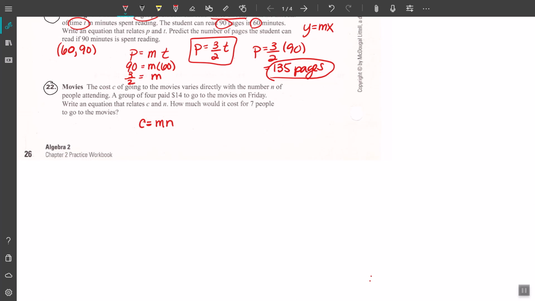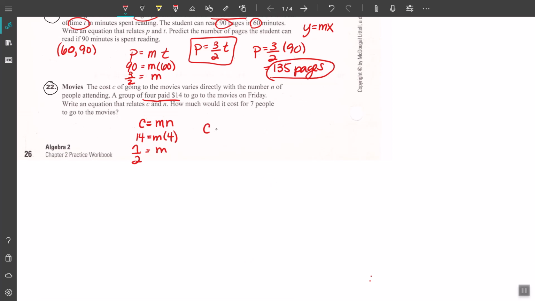The next sentence tells you that a group of 4 paid $14 to go to the movies. So they gave you your C of $14, your cost, and your N, which is 4 people. So that's one point on this graph, 4 comma 14. And we'll get a constant of variation of 7 over 2.